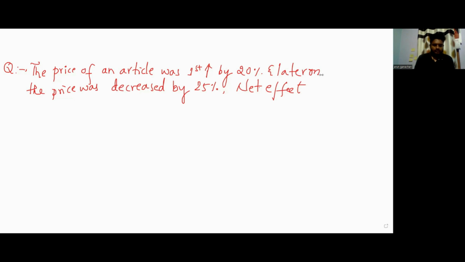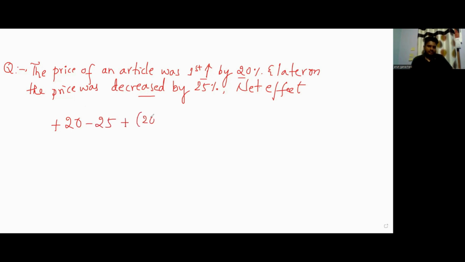Minus 10%. What is the meaning of minus 10%? A 10% decrease. So now we'll use plus or minus x plus or minus y. What is happening initially here? Initially it is increasing, so I'll take plus 20. Afterwards it is decreasing, so I'll take minus 25.